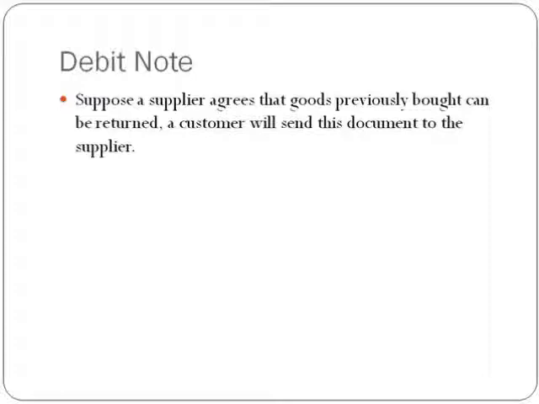This is supplied if a supplier agrees that goods previously bought by you, the customer, can be returned. If the supplier agrees, you, the customer, will send this document to the supplier. So this document, which is called a debit note, is sent to the supplier to show that you are returning these particular goods.